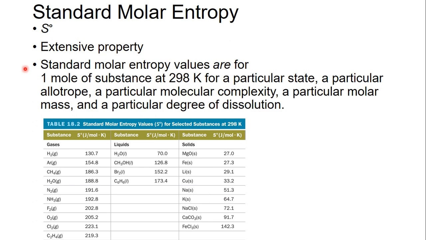Standard molar entropy values are for 1 mole of substance at 298 K or 25 C for a particular state or a particular allotrope, molar complexity, molar mass, and degree of dissolution.